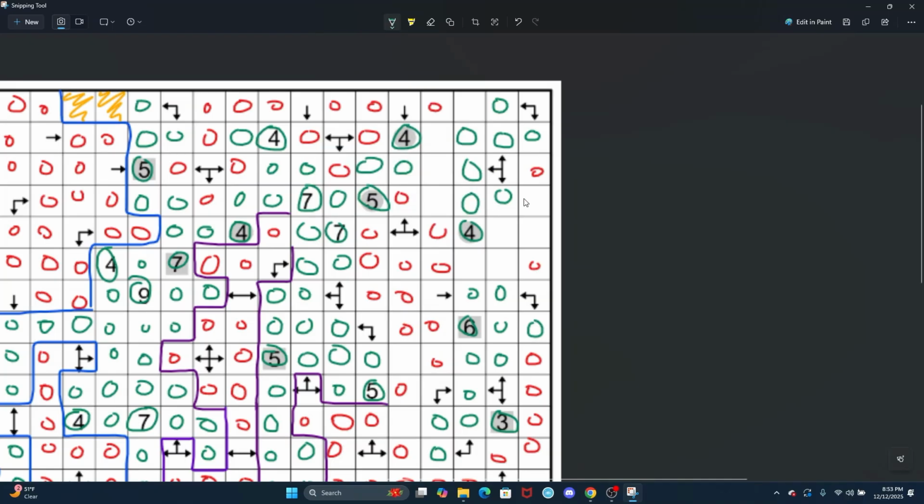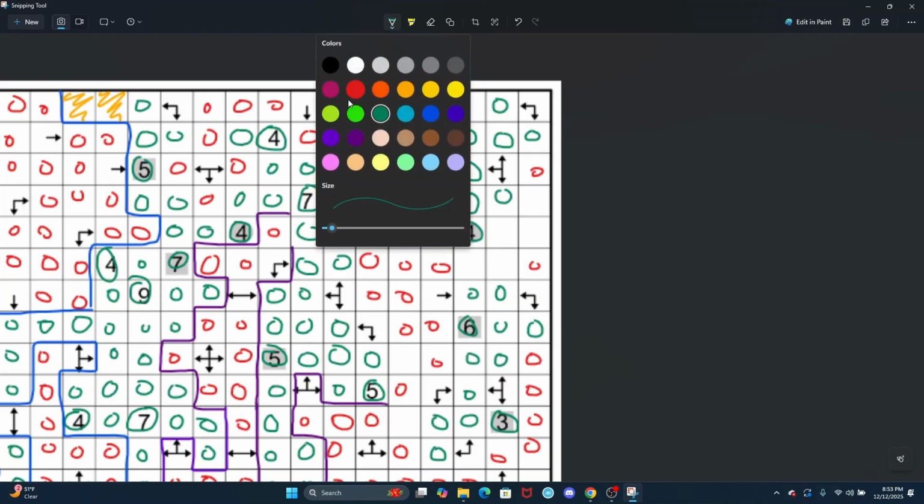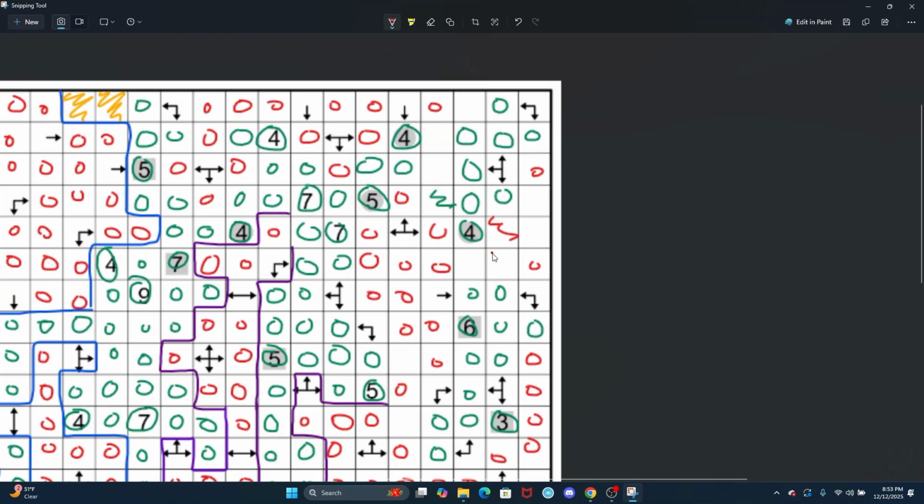So this one has to be green. And so this 4 means that, yeah, if this was green, then all of these would be red, and we'd be bounding this part off again. So this one has to be red.